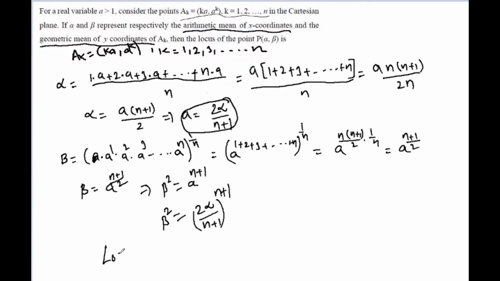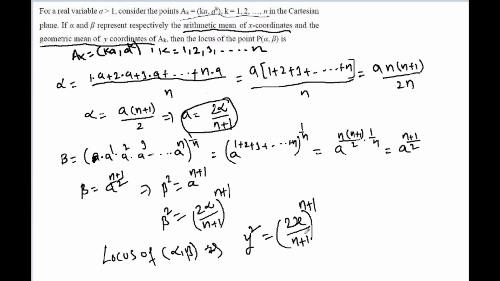Now to find the locus of (alpha, beta), replacing beta square by y and alpha by x, that is y square is equal to (2x by (n plus 1)) whole to the power of n plus 1. This is the locus of the given point (alpha, beta).